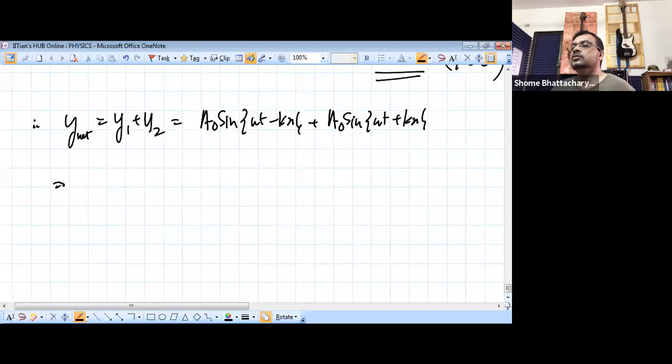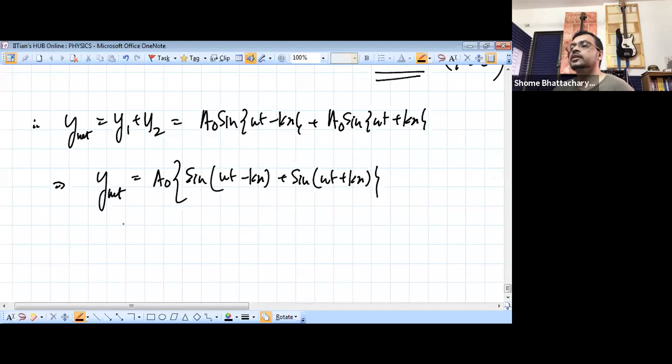So the resultant disturbance becomes a sine A plus sine B type of term, which when we solve, we get 2 A naught sine of this plus this by 2, so that will become sine omega t, into cos of this minus this by 2, and cos is an even function.